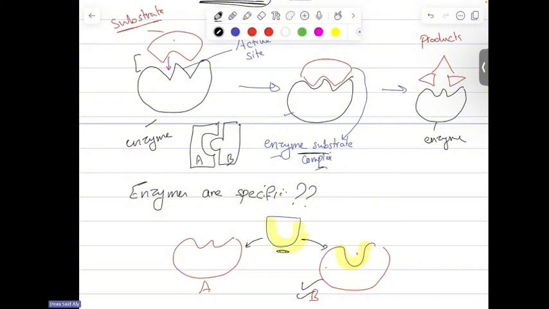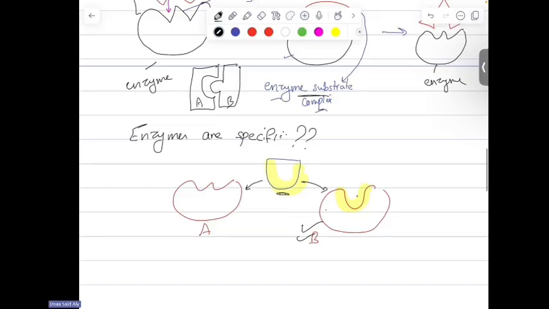So the first point in your answer: each enzyme has a specific active site. What about this specific active site? This specific active site has a complementary shape.